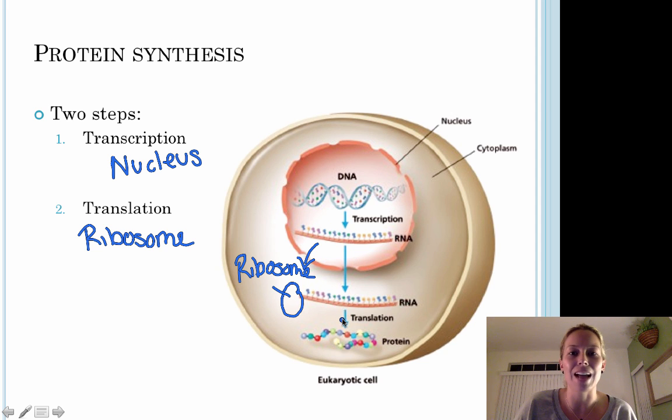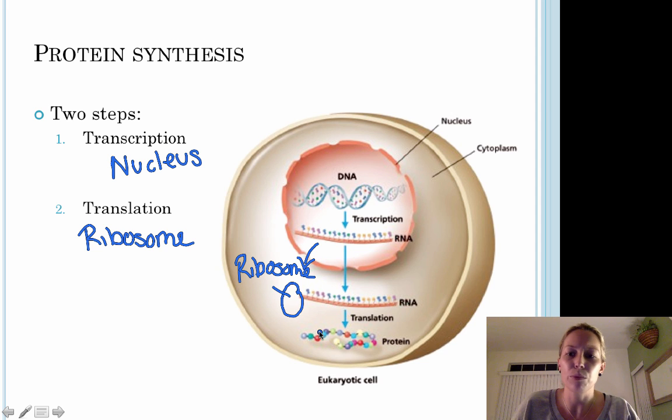That's exactly what we're doing with mRNA to our protein. We're taking an amino acid sequence and we're building ourselves a protein. We're no longer a nucleic acid. We're now in the language of proteins or amino acids.